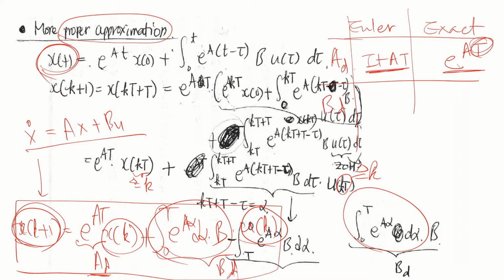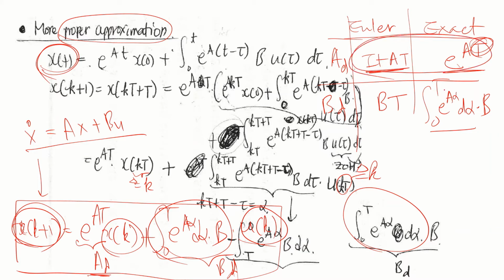How about the B_d? It was BT, and here you have the integral from 0 to T of e to the A alpha times B.